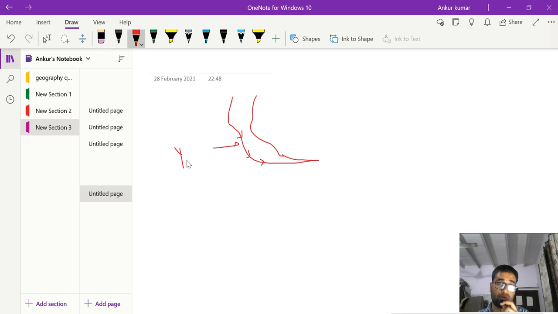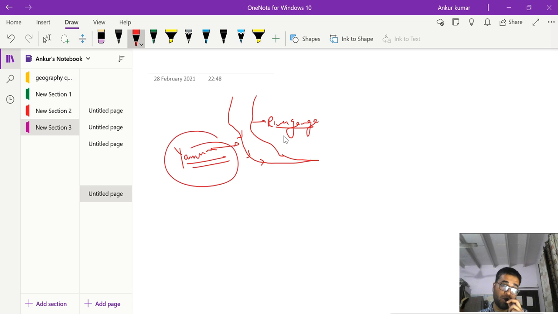So this is Yamuna here, and this is river Ganga, and they meet at Allahabad here. But river Yamuna also has a number of tributaries. So first let us do the tributaries of Yamuna, and then we will do the tributaries of Ganga.